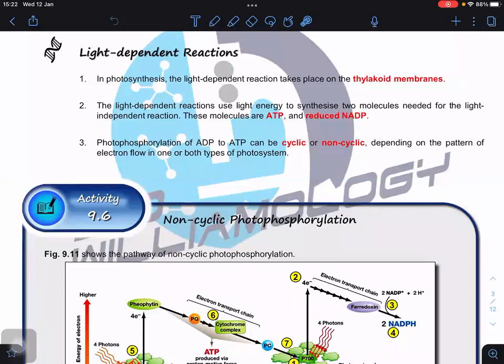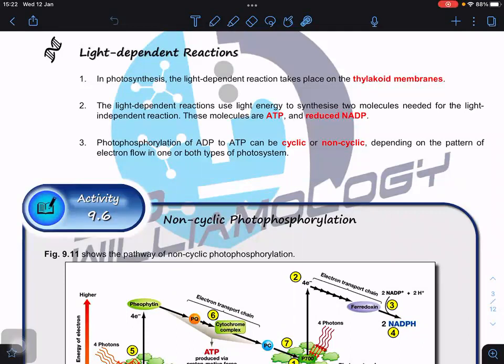Are you clear? If the plant wants to form ATP through cyclic photophosphorylation, then they only need photosystem 1. But if the plants want to use the non-cyclic process to produce ATP, then they have to go through photosystem 1 and photosystem 2. Both photosystems are involved.